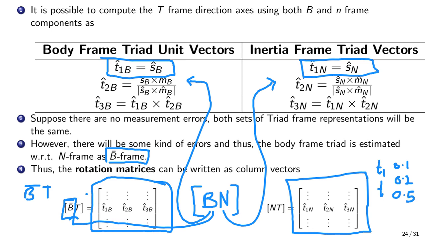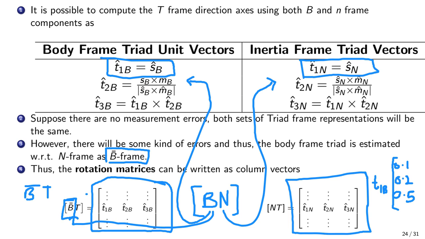So this will be your T1B. I'm just assuming these are values which I've obtained for T1B. And then you also have another value for T2B in this form.